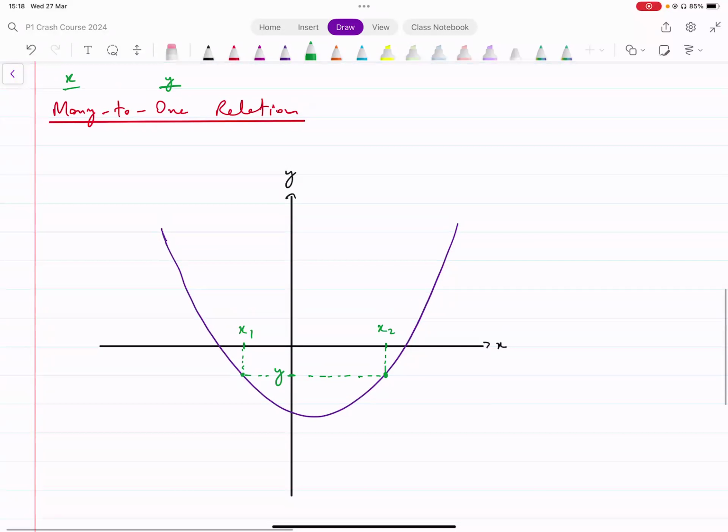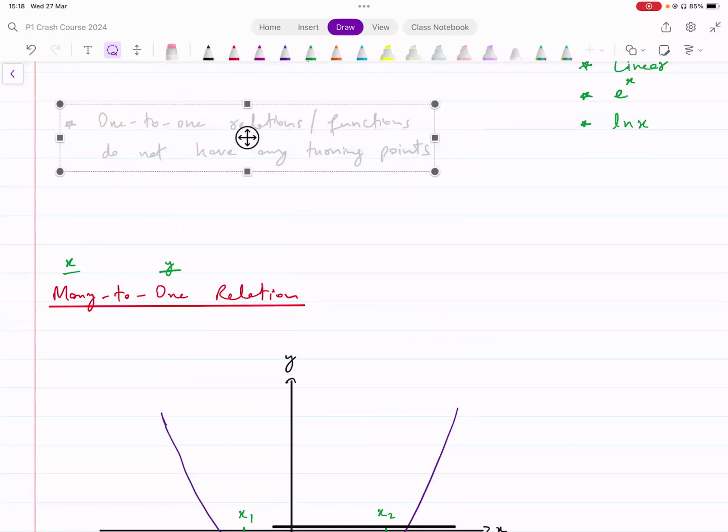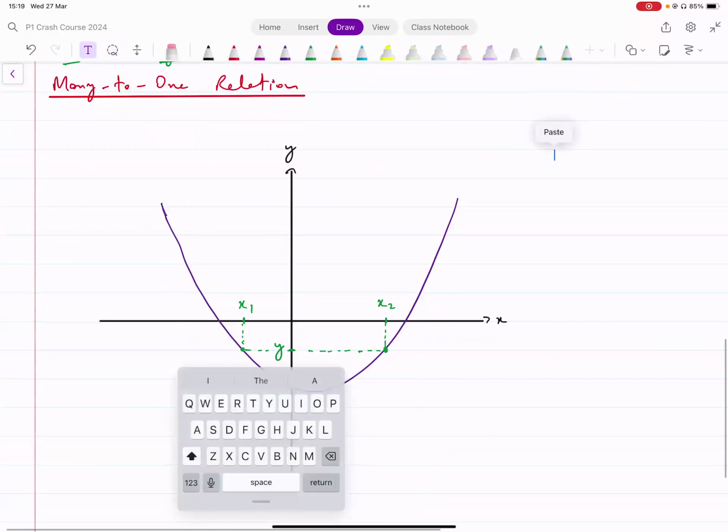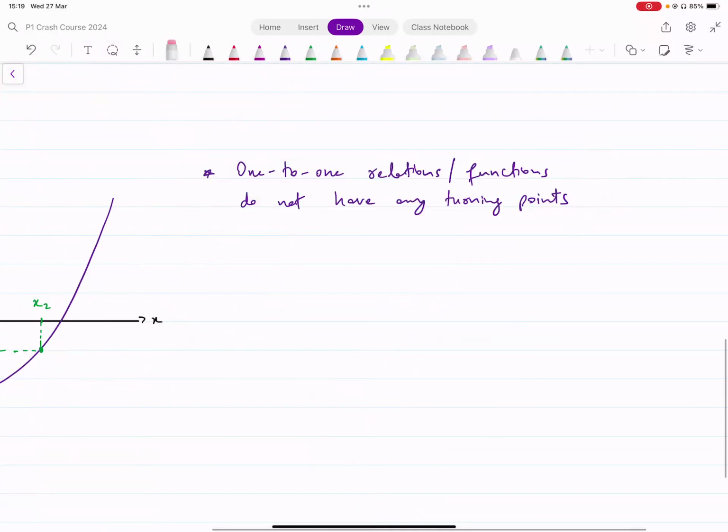Okay, that's a many-to-one relation. Now, these have turning points, right? So many-to-one relations do have turning points.